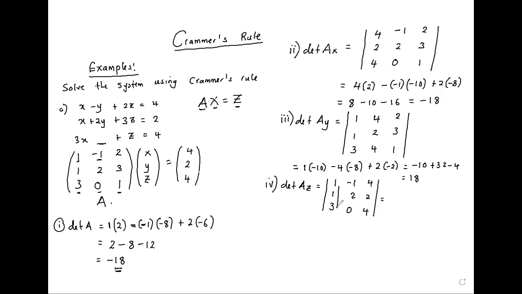Again, this time around, let us use the third row. Remember, plus minus plus. So we have plus 3, and then we remove this and this. The remaining ones will have negative 2 minus 8, which is negative 10.